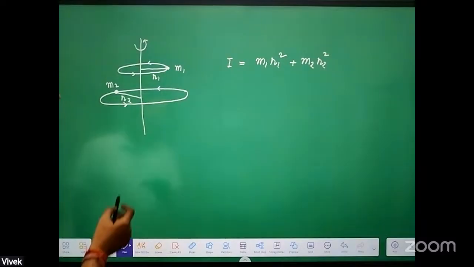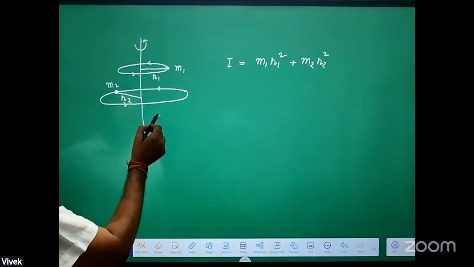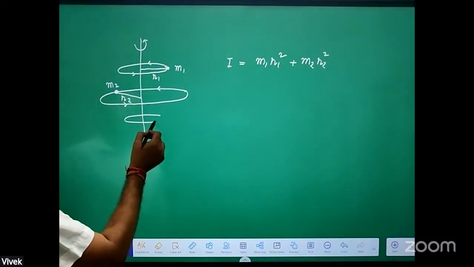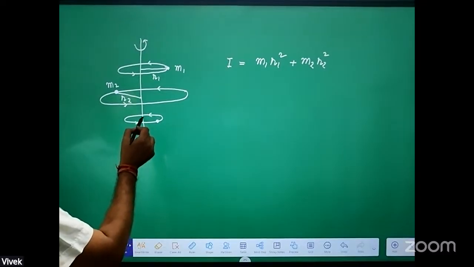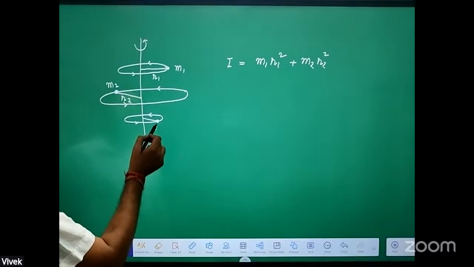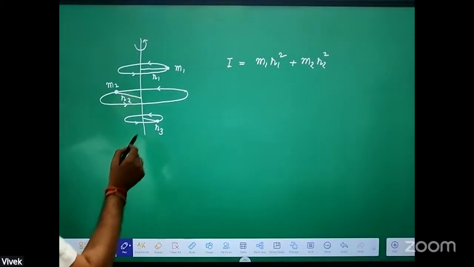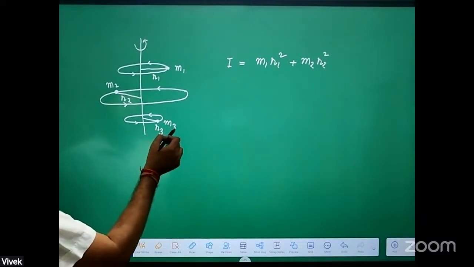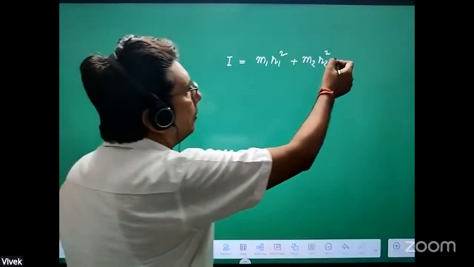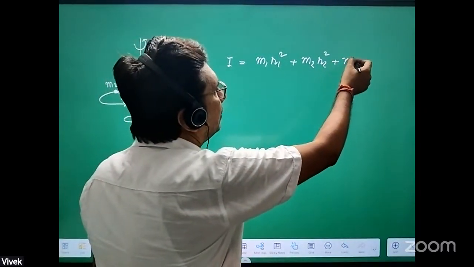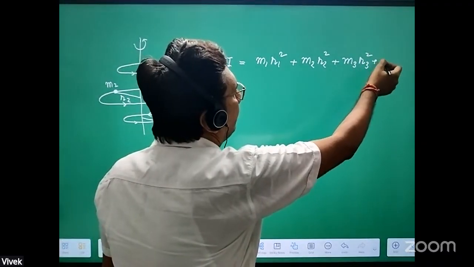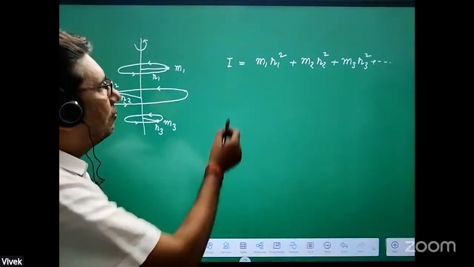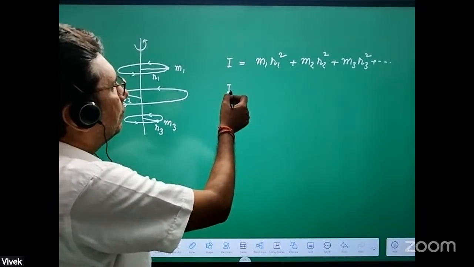If you are having a third particle, rotating like this at a distance R3, with mass M3, then this will be plus M3 R3 square. So what will be the total moment of inertia of all the particles?